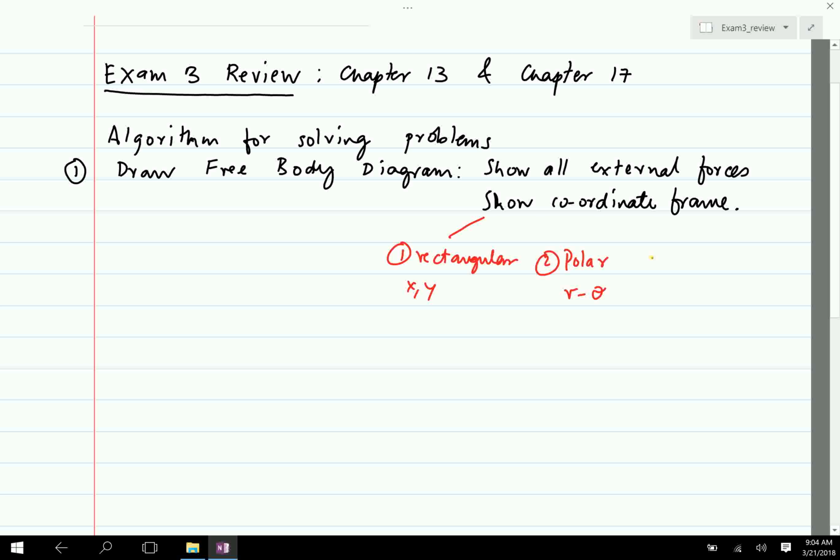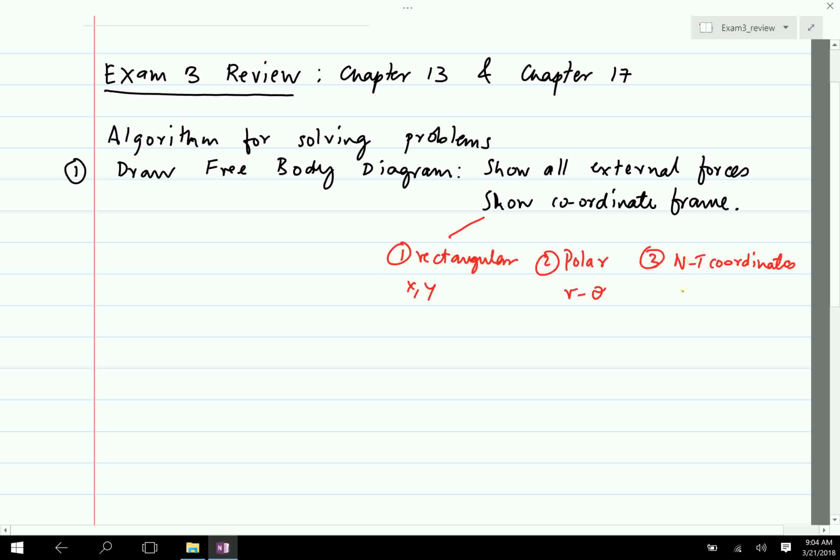And if not, then use tangential normal, n-t coordinates.